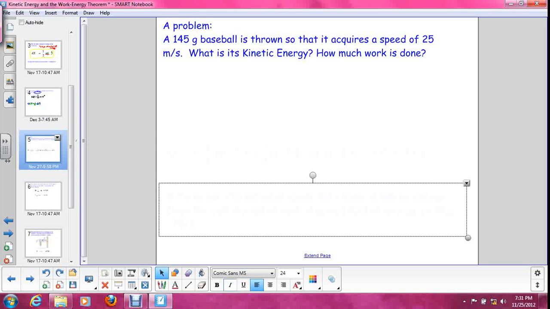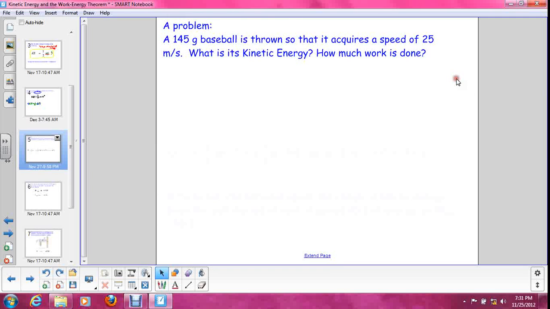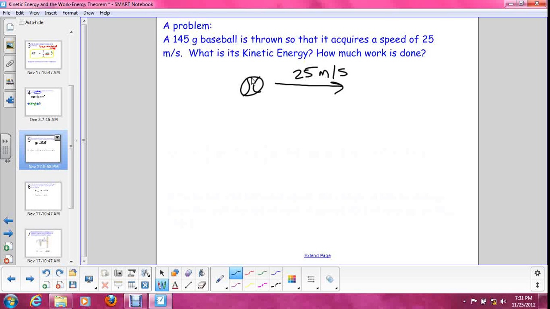So let's use this information in a problem. A 145-gram baseball is thrown so that it acquires a speed of 25 meters per second. What is its kinetic energy, and how much work is done? Well, we have a baseball, and it's moving at 25 meters per second, and it has a mass of 0.145 kilograms.